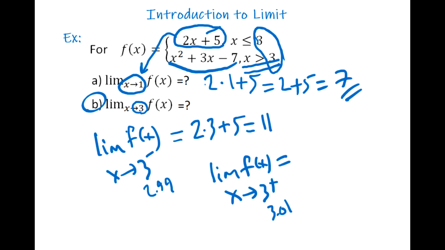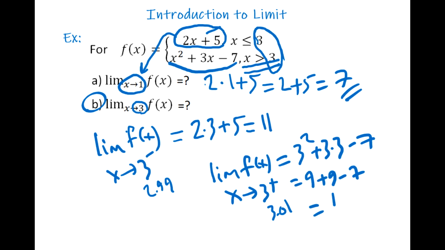That means we will evaluate this function, and once you do it, just plug 3 in for x in our function, and it's going to be 3 squared plus 3 times 3 minus 7, guys. So it's going to be 9 plus 9 minus 7, and that is 18 minus 7, and that is 11, guys.